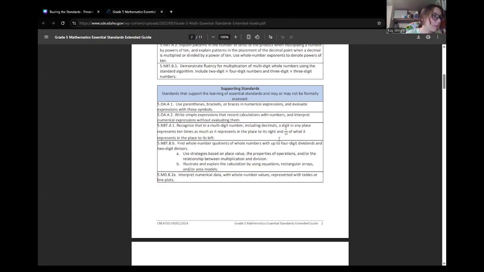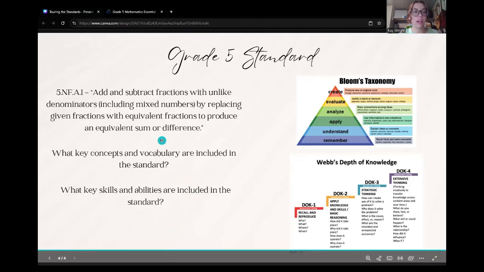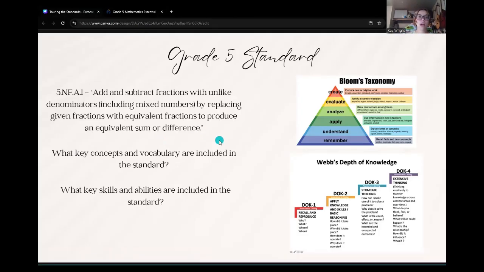Now we have the grade 5 standards. So what key concepts and vocabulary are included in the standard? Oh, let me go back to my slides. I have here the grade 5 standard. The standard I picked was 5.NF.A.1, the number and operations fractions, cluster A, section 1: Add and subtract fractions with unlike denominators, including mixed numbers, by replacing given fractions with equivalent fractions to produce an equivalent sum or difference.